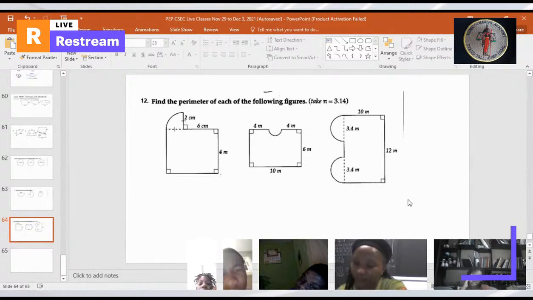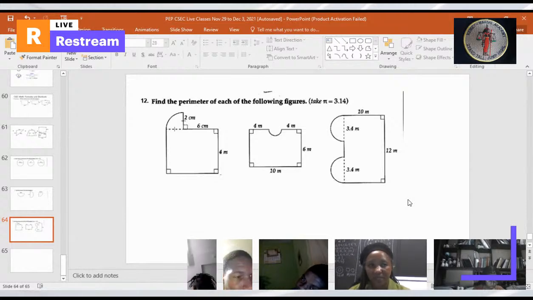They give you the diameter of the circle. All right, continue. What are you going to do with that information? Miss, we're going to find the circumference and then divide it by 2. Why would you divide it by 2? Miss, because it's not a full circle, it's half of a circle. All right.